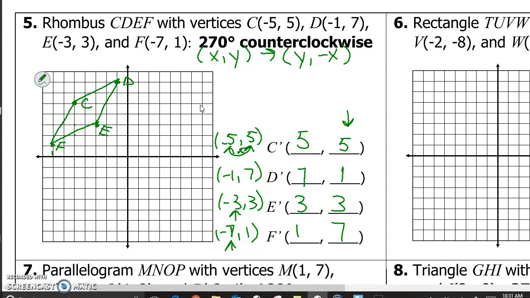Okay, so our new figure, our image, we've got C is 5, 5. D is 7, 1. And E is 3, 3. And then F is 1, 7.